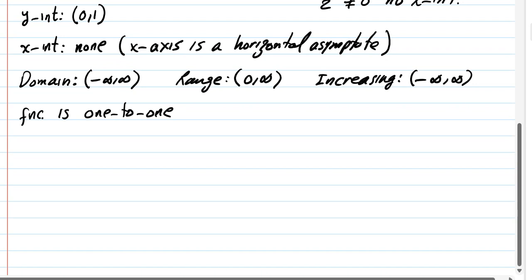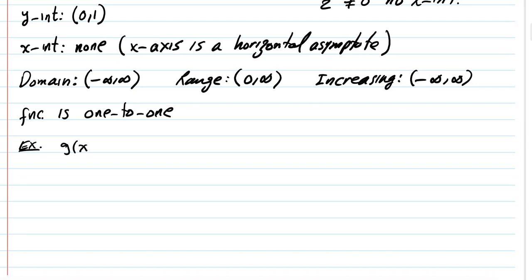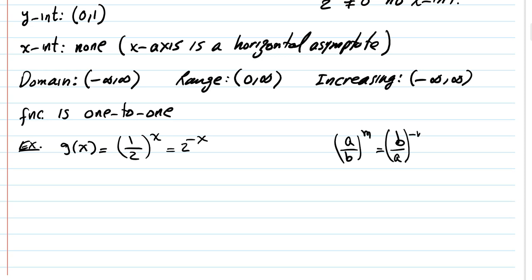Now, let's take a look at another example. This next example, I'm going to do g(x), and this time we're going to go (1/2) to the x. So my base is now less than 1. Still positive, but less than 1. Now, (1/2) to the x is the same as 2 to negative x. The property we cite here is (a/b) to the m equals (b/a) to the negative m.